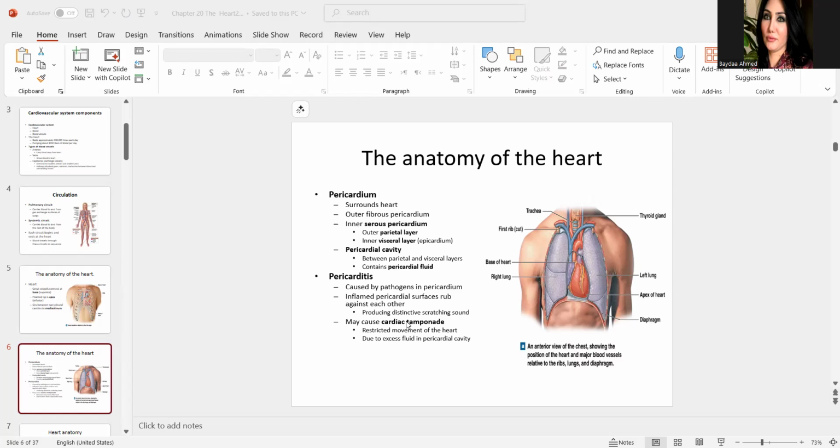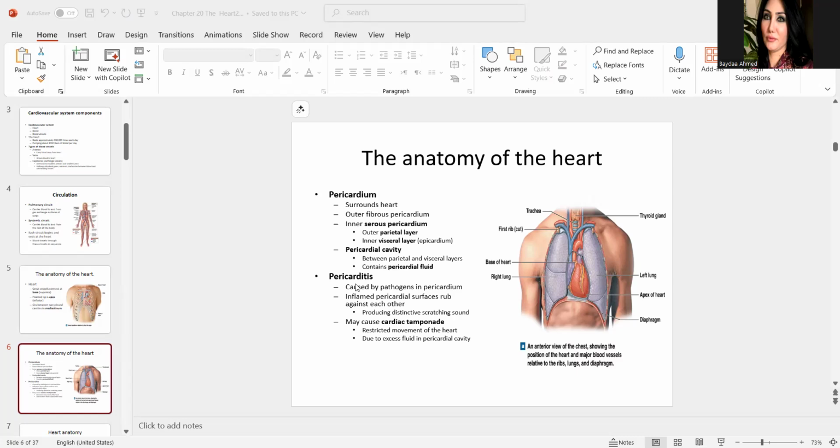Pathogens can infect the pericardium, producing inflammation, and this condition is called pericarditis. The inflamed pericardial surfaces rub against one another, making a distinctive scratching sound called a friction rub that can be heard through an instrument called a stethoscope placed on the chest.